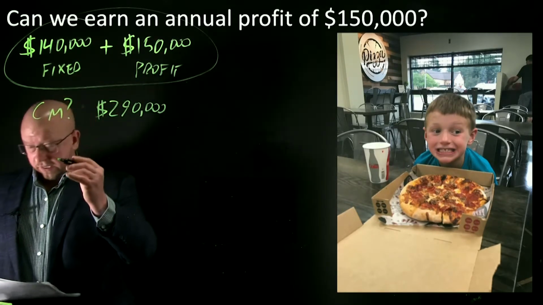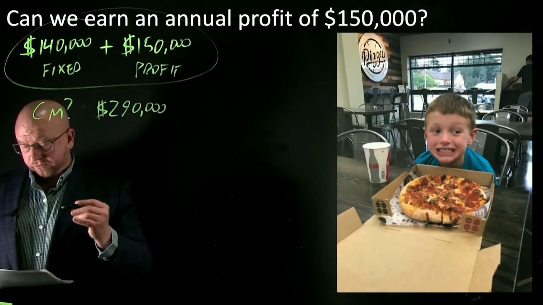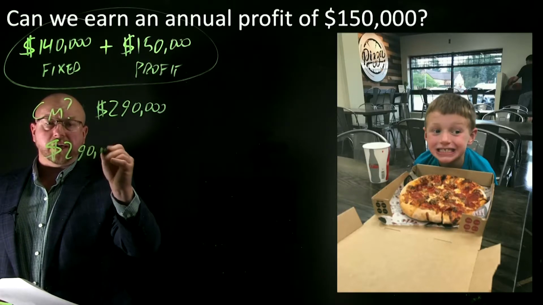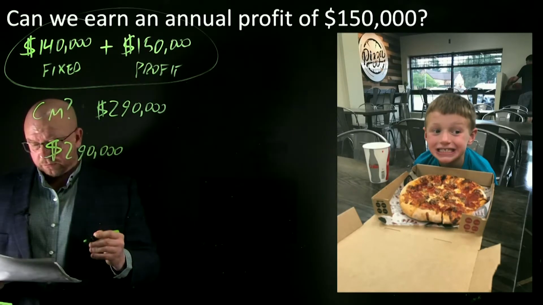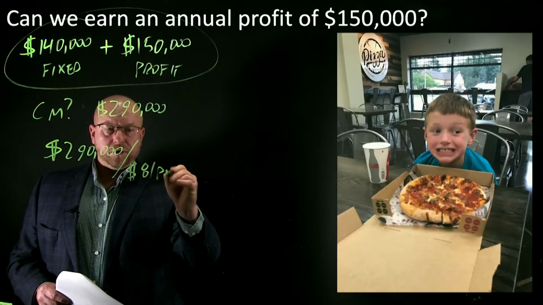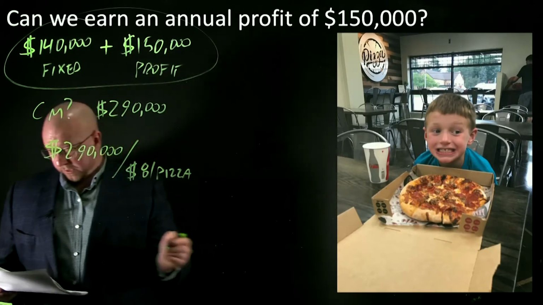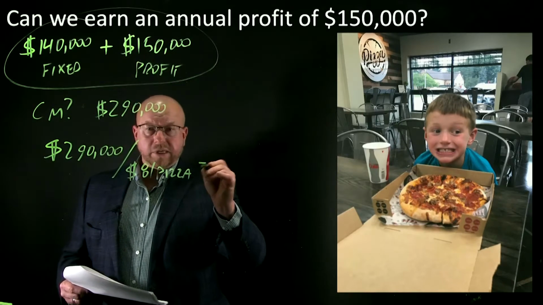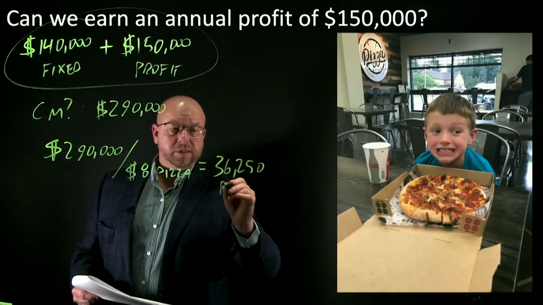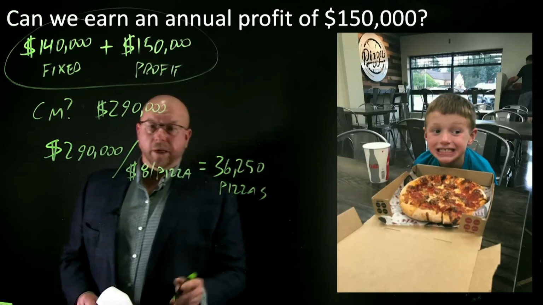Well, let's quantify this in terms of pizzas or in terms of revenue. So if we know that we're looking for $290,000 of total contribution margin, and the contribution margin per unit is $8 per pizza, that means we have to sell 36,250 pizzas to get the job done.